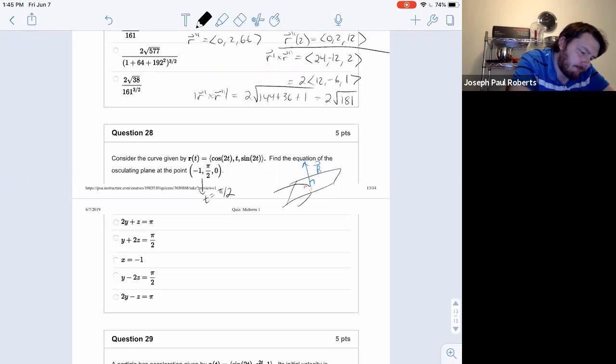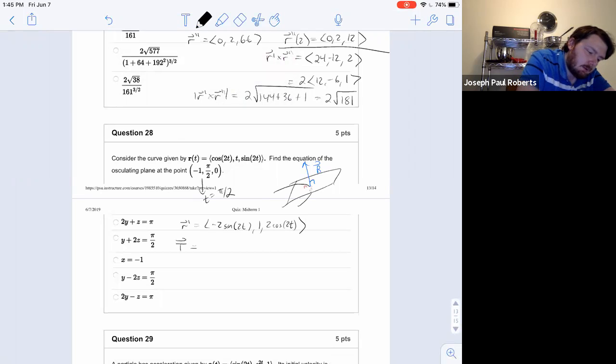So yeah, we could go through and do that. So what? R prime is minus 2 sine 2t, 1, 2 cosine 2t. T is then r prime normalized, which is negative 2 sine 2t, 1, 2 cosine 2t, all over the length.